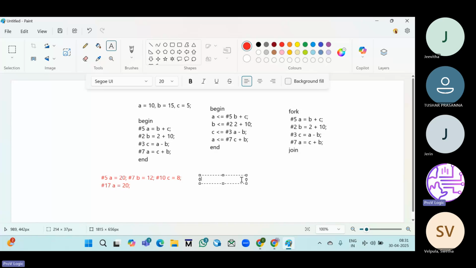Okay, if it is executing sequentially, at #2 time units B is updating, next at #3 time units C is updating, and at #5 time units A is updating, at #7 time units again A is updating. So how is it doing that if it is sequential?